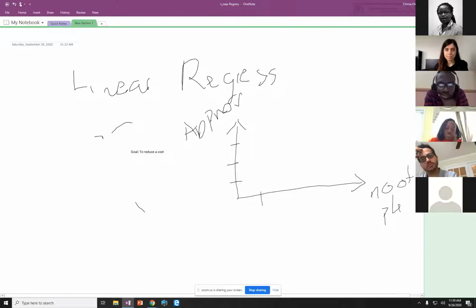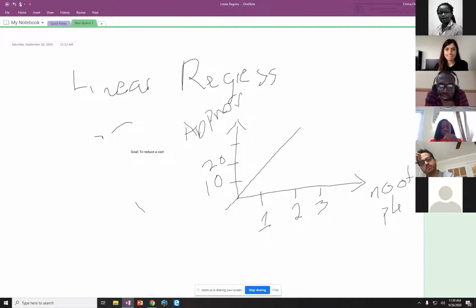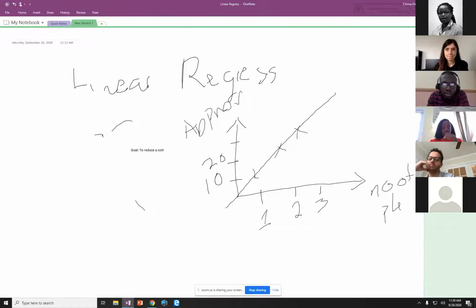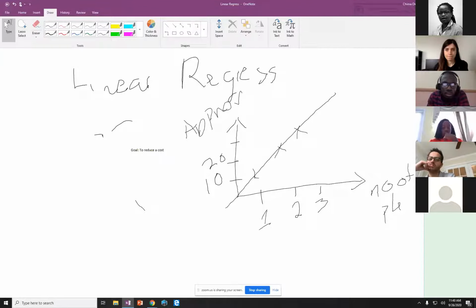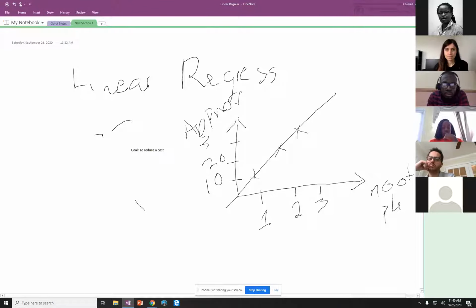Say I do 1, they say 10. Say I do 2, they say 20. Say I do 3, and then it goes something like this. So we can pretty much see the trend here, and we want the algorithm to be able to build this as well.